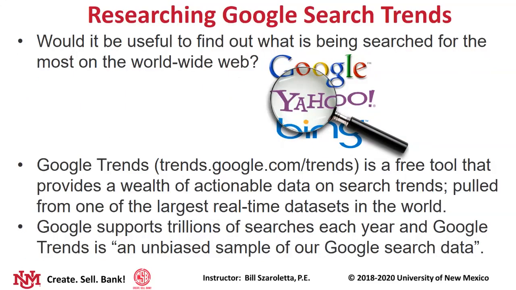So would it be useful to find out what is being searched for most on the World Wide Web? Now, searched for is different than bought. An example is if people have searched for large TVs, that's one way they're getting information.